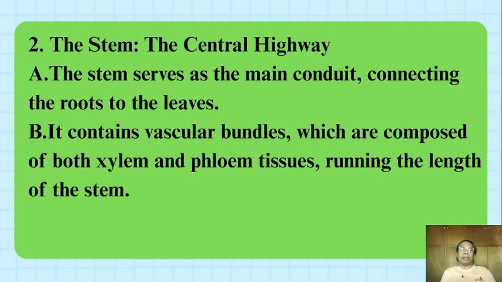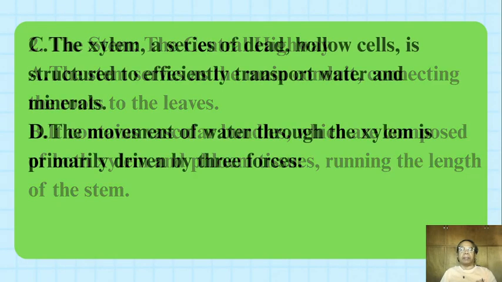The stem, the central highway. The stem serves as the main conduit connecting the roots to the leaves. It contains vascular bundles, which are composed of both xylem and phloem tissues running the length of the stem.